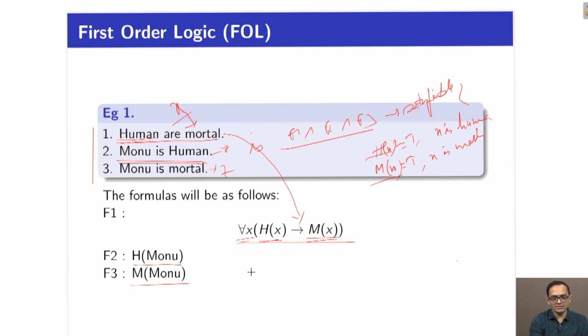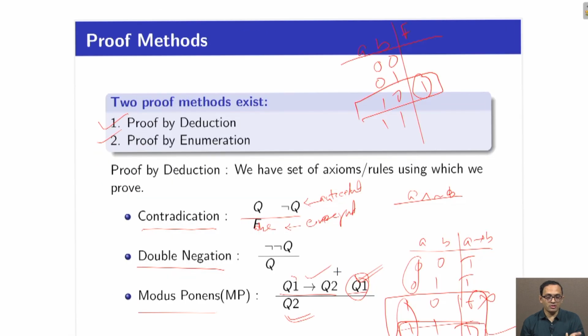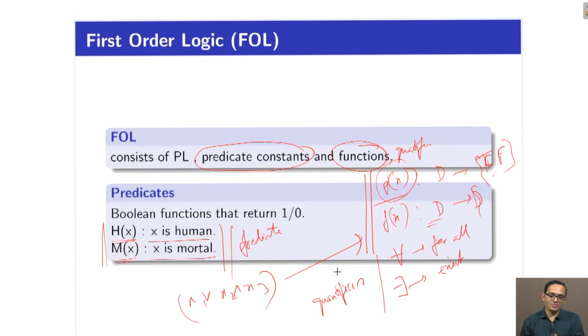Now I can just check whether F1 and F2 and F3 is true or not. To prove that, the deduction rules that I talked about, like contradiction, double negation, modus ponens, may not be sufficient. We need some other deduction rules, which are basically for first order logic, and if I apply them iteratively, I can show that this is actually valid, because it is satisfying all.